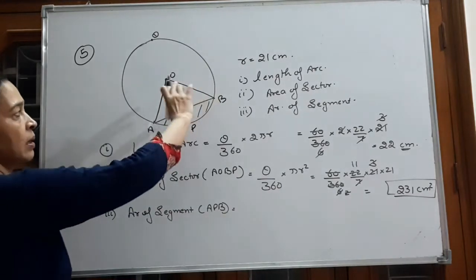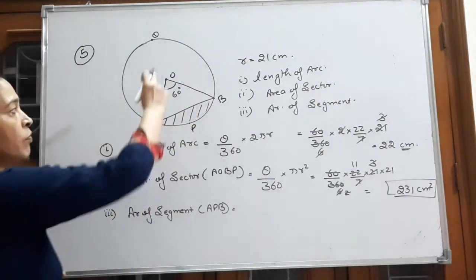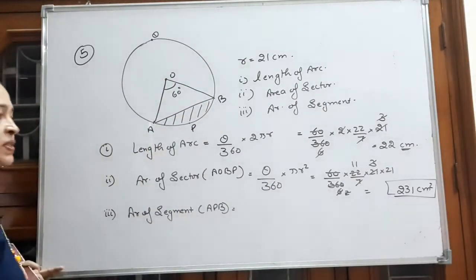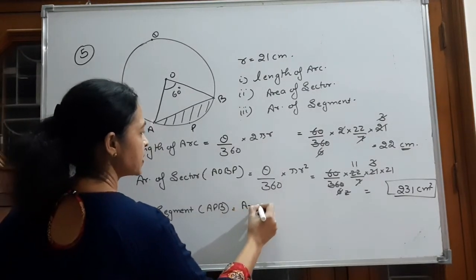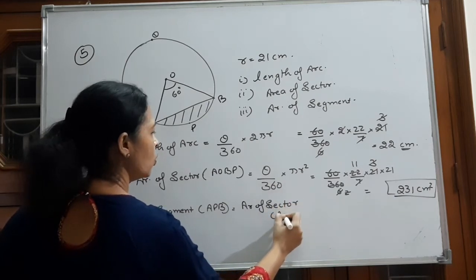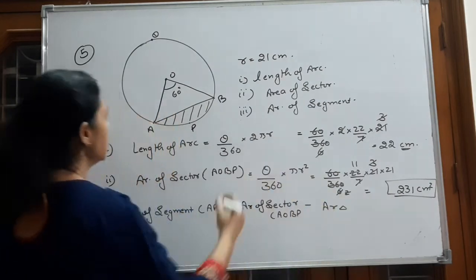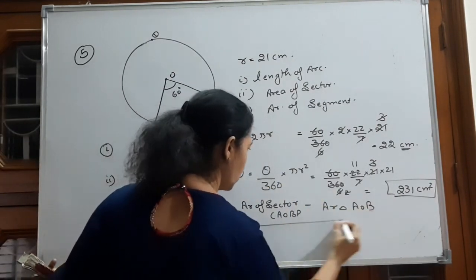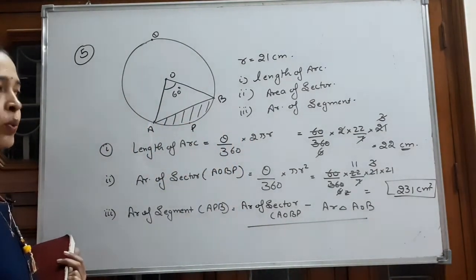If we subtract the area of the triangle from the area of the sector, we will get the area of the segment. So, the area of segment will be the area of sector AOBP minus the area of triangle AOB. Now, the area of the sector we have is 231 centimeter square.